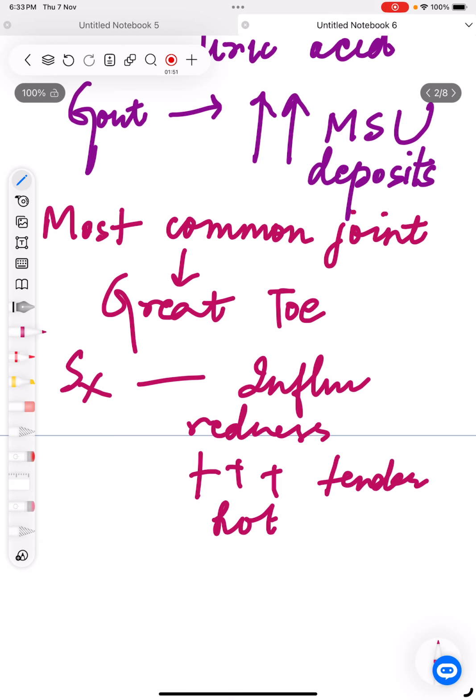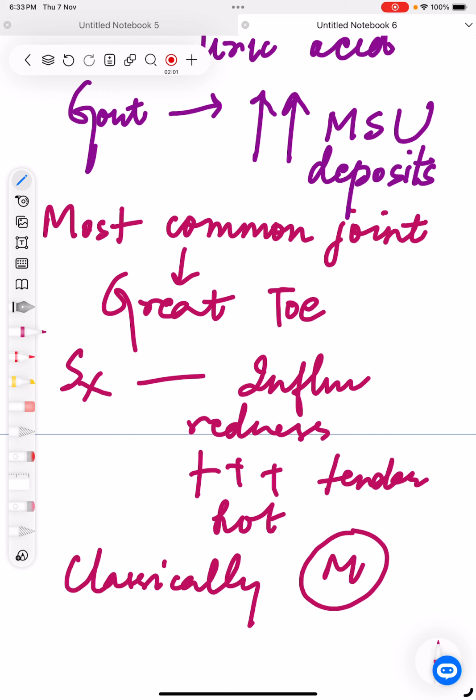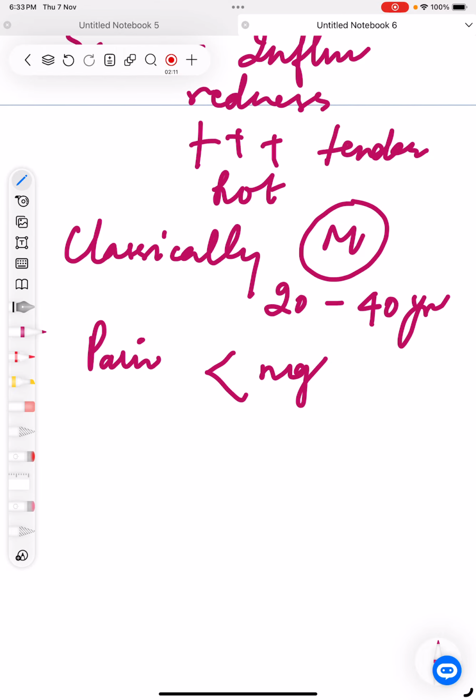It's hot to touch. And you can also note that this condition is classically seen in males in the age group 20 to 40 years of age, and the pain will usually be at night.